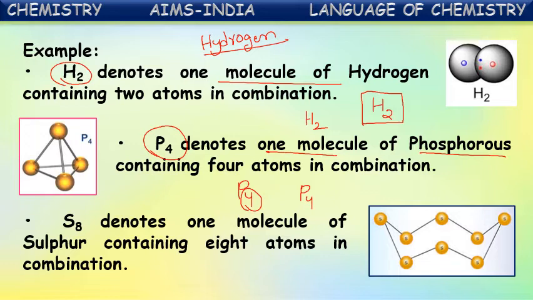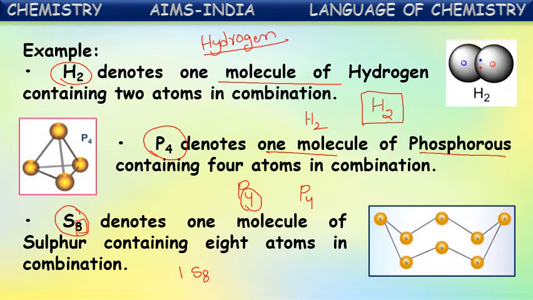Let us see one more example, S8. S means sulfur. On the right hand side, the subscript is the number 8. This 8 represents the number of sulfur atoms in that molecule. One sulfur molecule has 8 sulfur atoms. That's why we call it octaatomic, polyatomic.